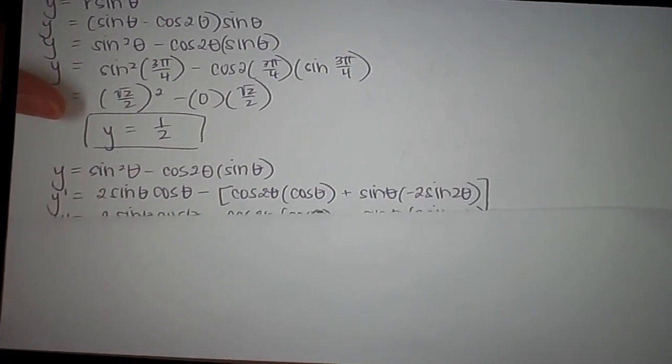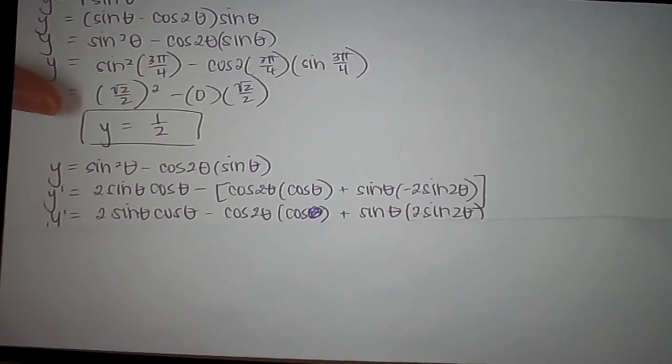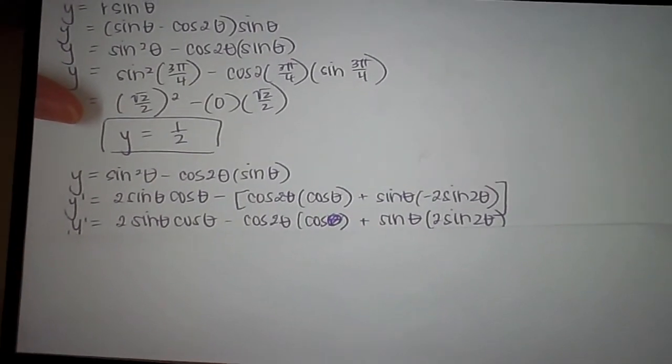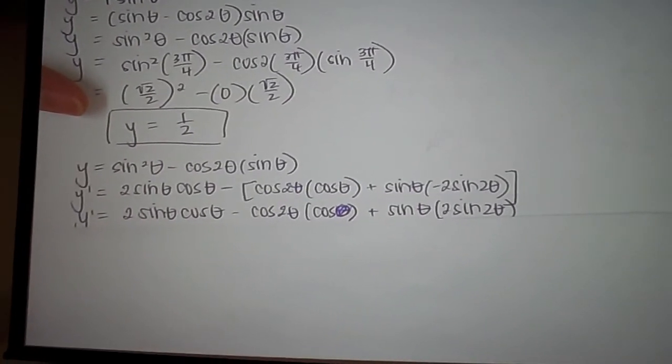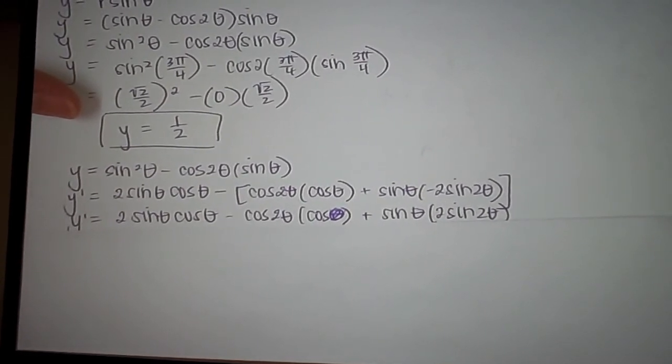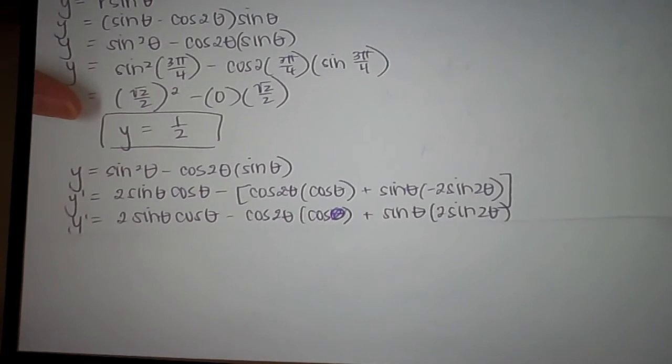Distribute the negative, which equals: y prime equals 2 sine theta cosine theta minus cosine 2 theta times cosine theta plus sine theta times 2 sine 2 theta.